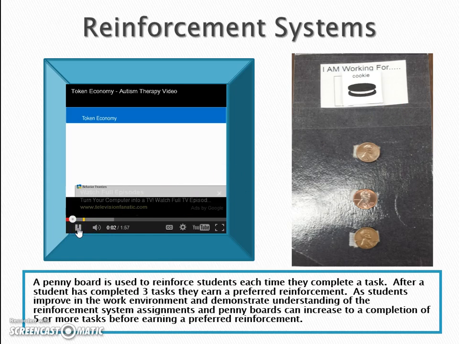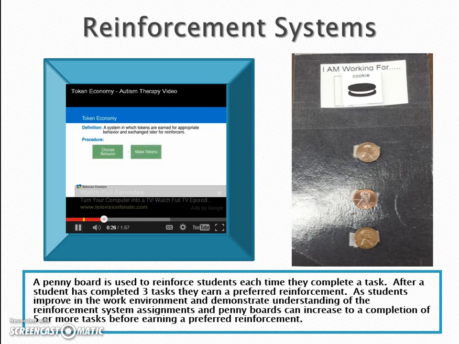Explain how to use a token economy to reinforce your students' correct responses. A token economy is a system in which tokens are earned for appropriate behavior and exchanged later for reinforcers. Let's go over the procedure for setting up a token system. The first step is to choose the behavior to be reinforced.